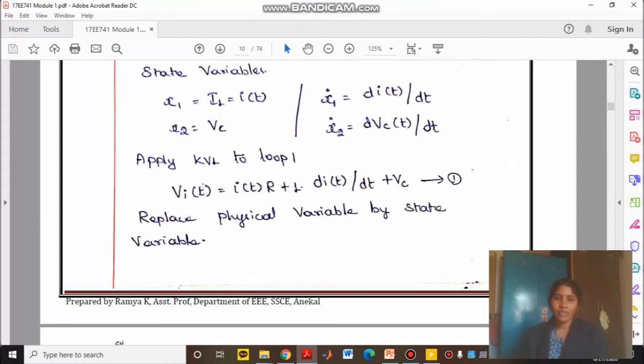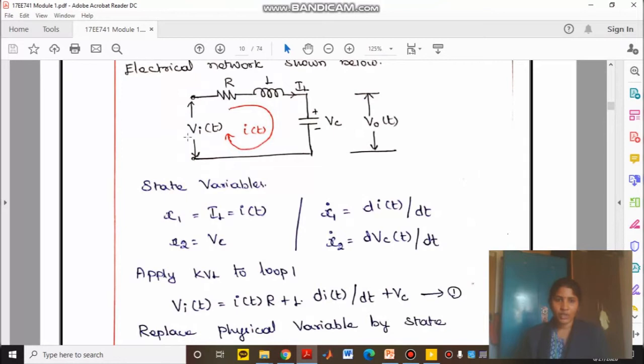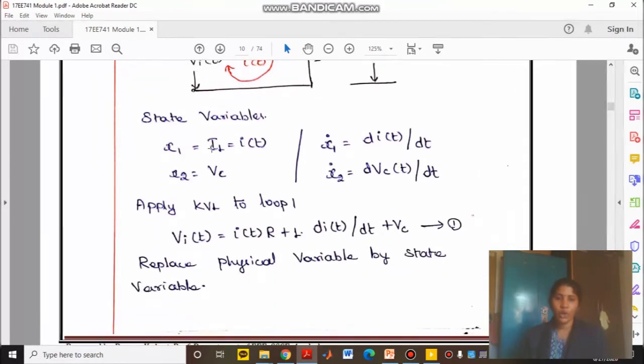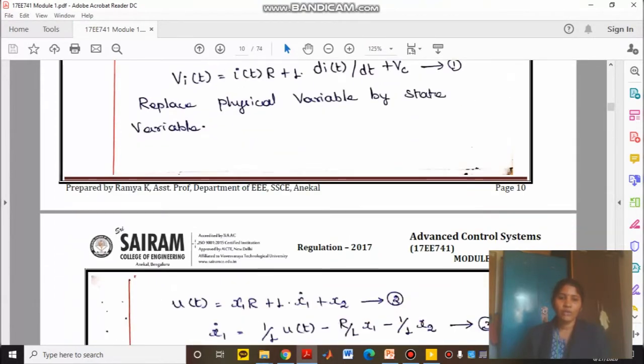When you replace these with state variables, Vi(t) is nothing but your input. The input is represented with u(t) in the state variable representation. So Vi(t) is represented as u(t).